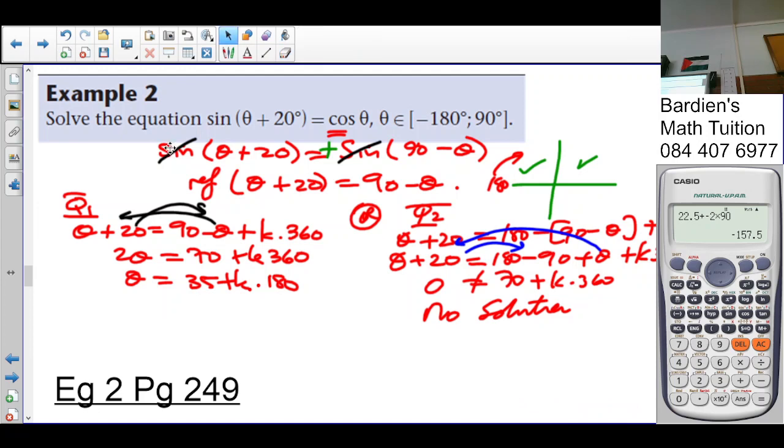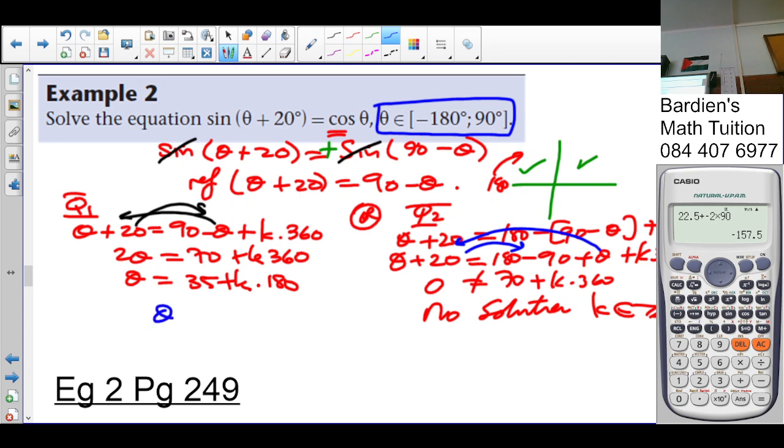And I write, to bring this into play, theta is from, remember, k is an element of the integers. So if I start listing, theta is an element of... where do I start? I start with k is 0. If I put 0 in, I get 35 degrees.